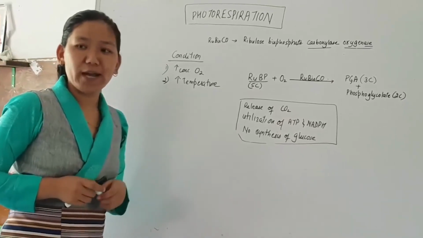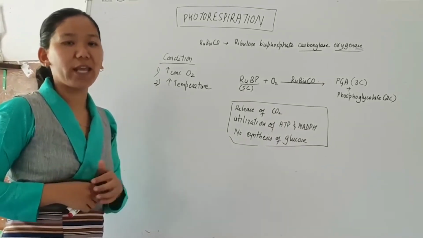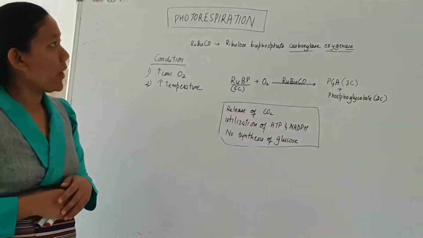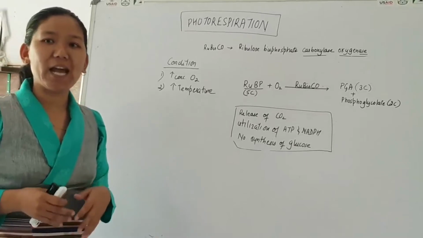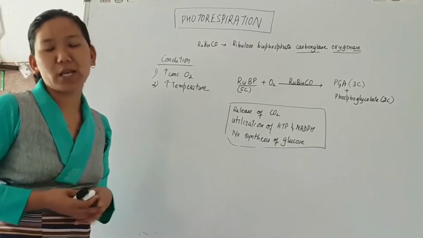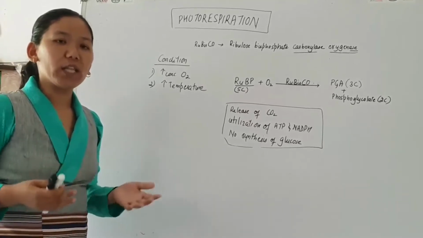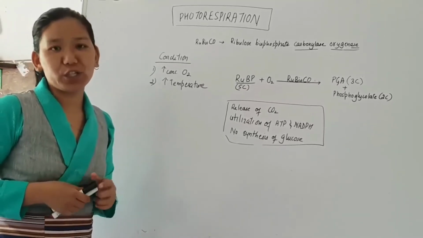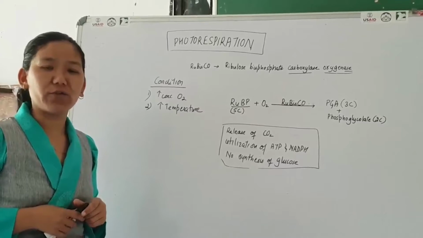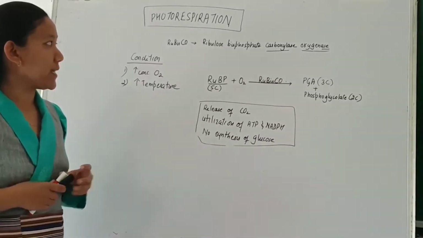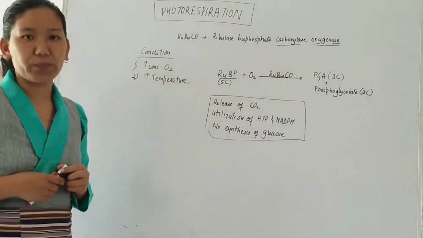Now the plant must find an alternative way by which they can avoid this photorespiration. To avoid this photorespiration, plants like bamboo and maize and others have undergone adaptation, wherein there is a physiological adaptation as well as morphological adaptation, so that they can avoid photorespiration.